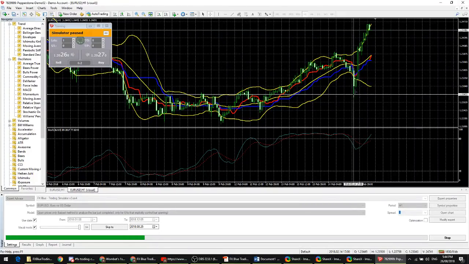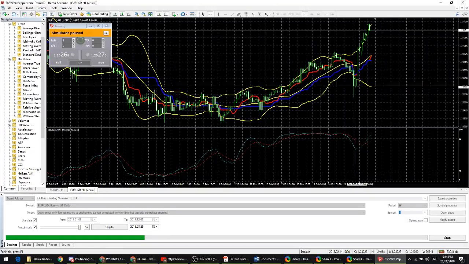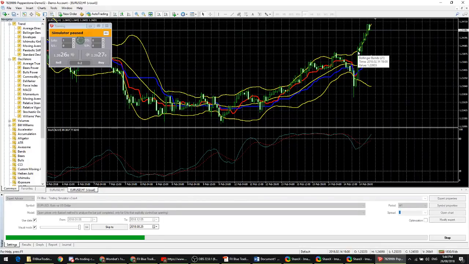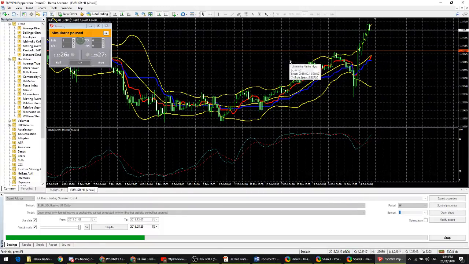If we weren't paying attention to the news, we would have lost 140 pips if we left it go. We could also have a rule that if we enter, we set our stop loss at the opposite Bollinger Band. We could have set our stop loss somewhere here, just past the nearest high. That could have saved us a lot of losses, but that wasn't in our rules.